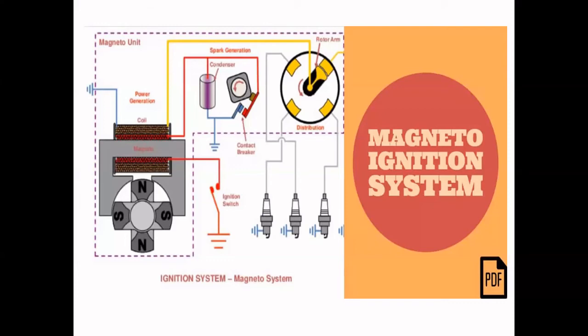The high voltage current which is received from the distributor flows through the spark gap for producing a high intensity, high temperature spark, which is necessary for combustion inside the combustion chamber.